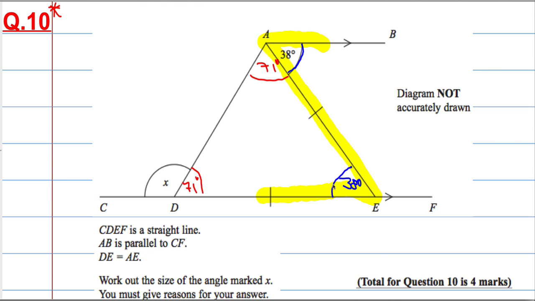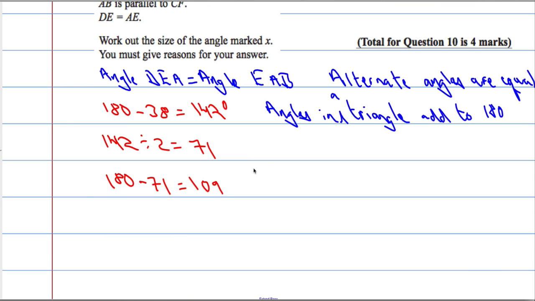Why? Because the base angles in an isosceles triangle are equal. So base angles in an isosceles triangle are equal.